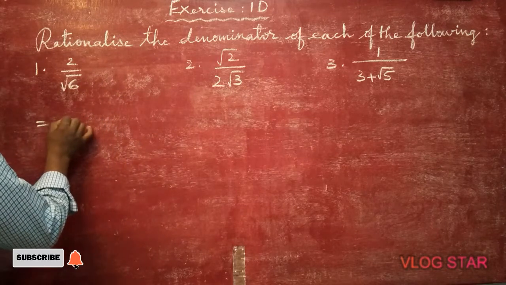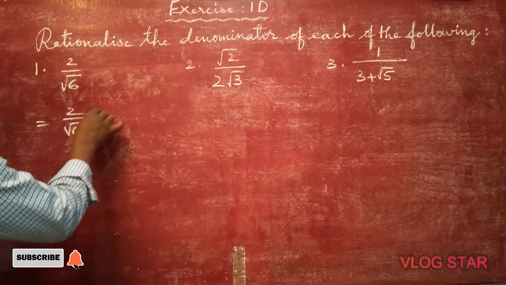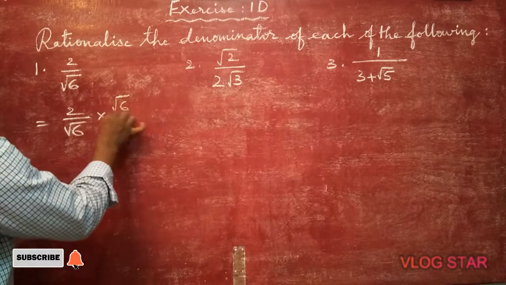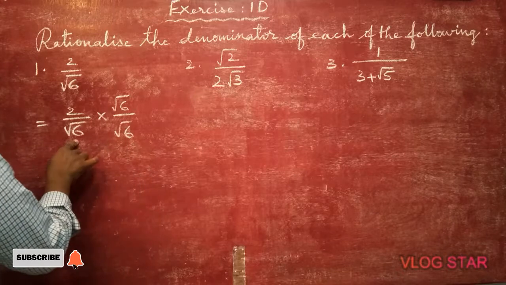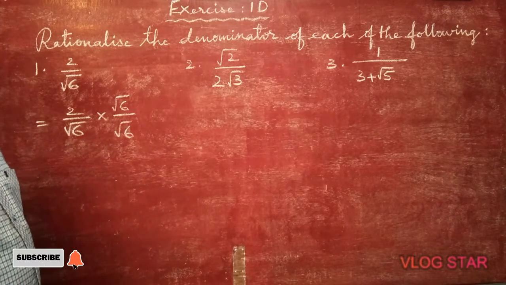So, 2 by root 6 is there. To make it rational, multiply with root 6 again. Root 6 is the rationalizing factor.